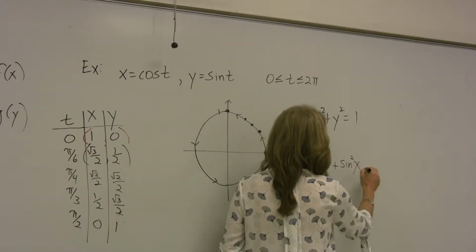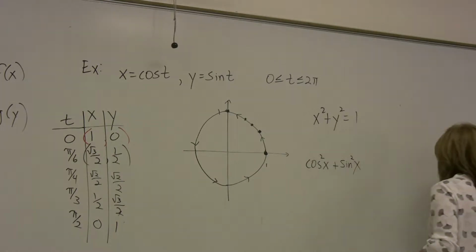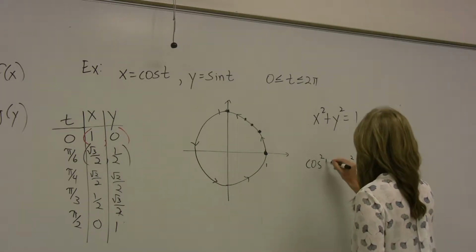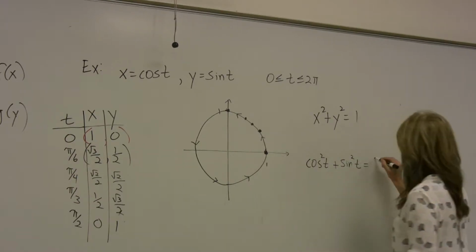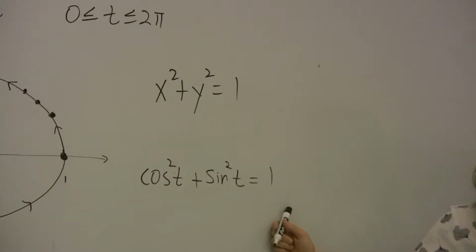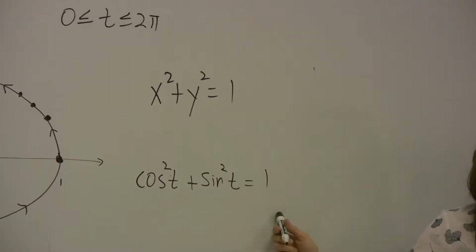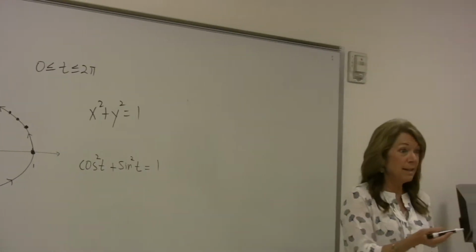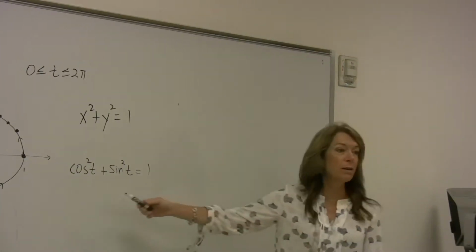Oops, those are t's, not x's. Hang on. That's x squared plus y squared equals 1. What is this? Recognize that? It's the Pythagorean identity, right? So we already knew this was true.